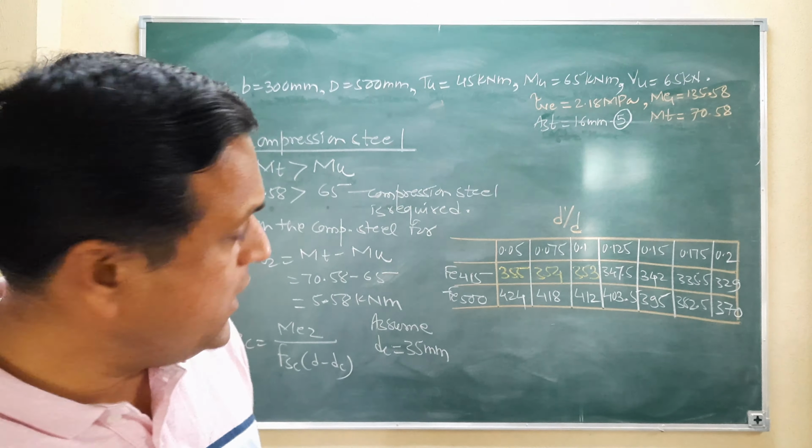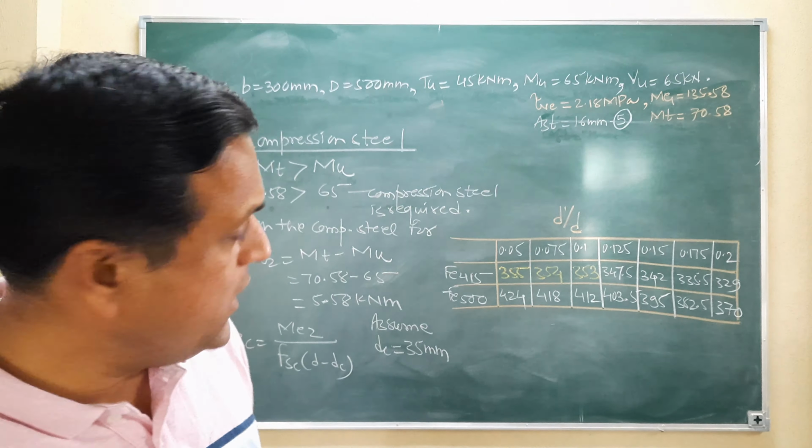Now what is the D dash upon D ratio? D dash is 35 and our D is 465. 35 divided by 465 is nothing but 0.075. So for 0.075, take the value 354. What is the Me2?